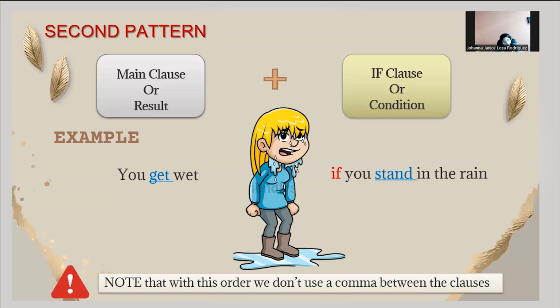But if you start first with the main clause and then with the if clause, there's no need. We don't use a comma between the clauses. But the meaning doesn't change. The meaning is the same. And you get wet if you stand in the rain. This is a general truth or a fact. If you don't have an umbrella, of course.